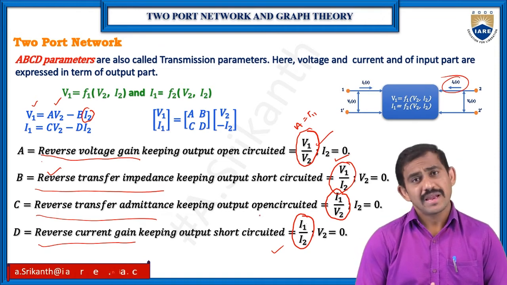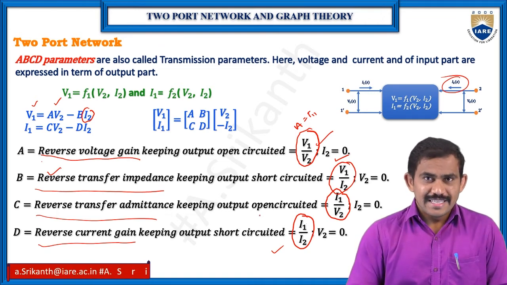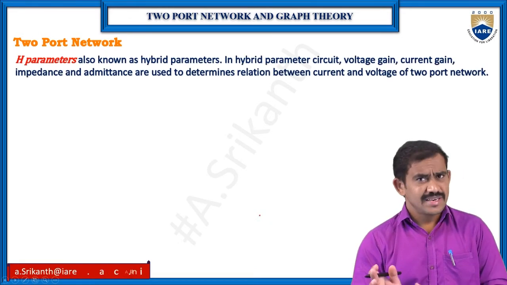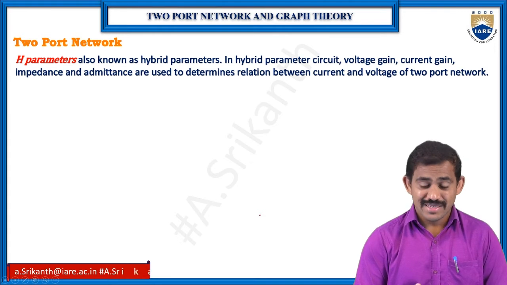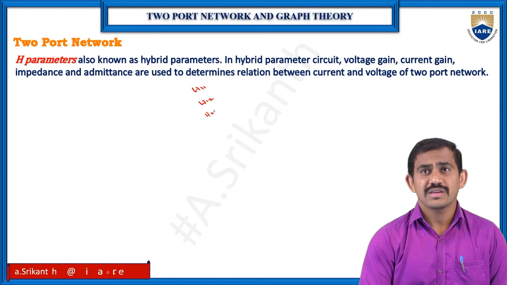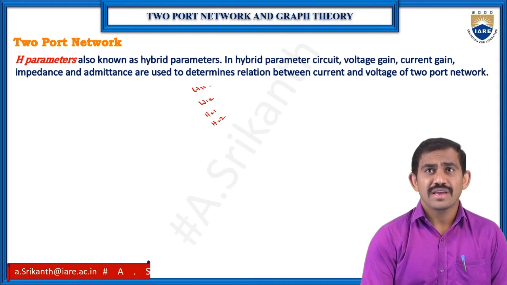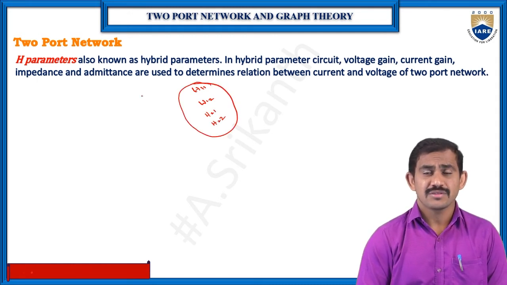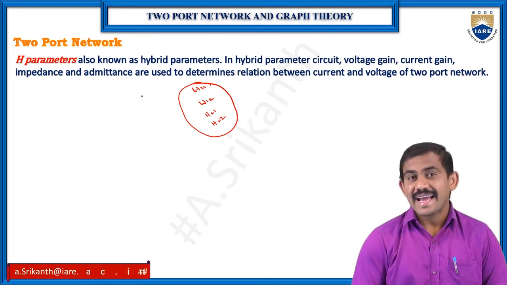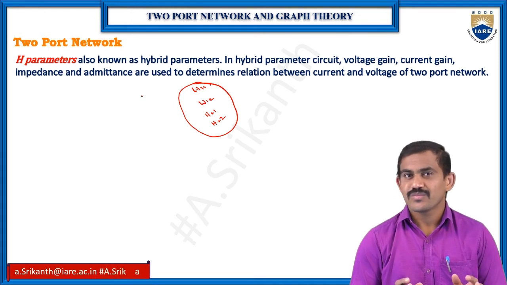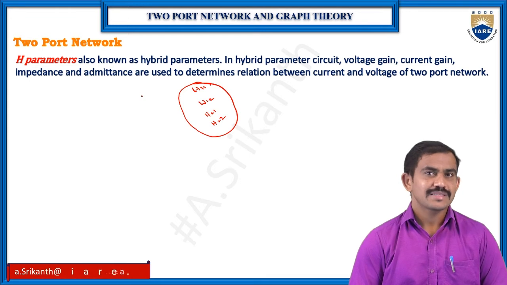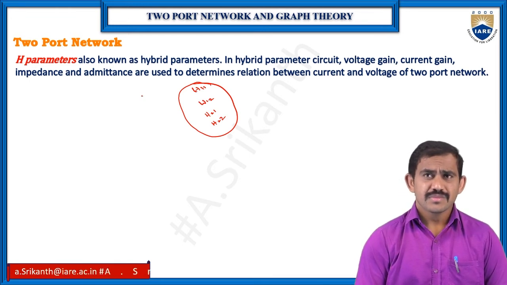And we have one more parameter, that is H parameters. H parameters are nothing but hybrid parameters. In that name we have hybrid. So H11, H12, H21 and H22 values. So we have four terminal values and it's a hybrid. Hybrid means it's a mixing of primary and secondary. So your equation is different compared to ABCD and Y parameters.